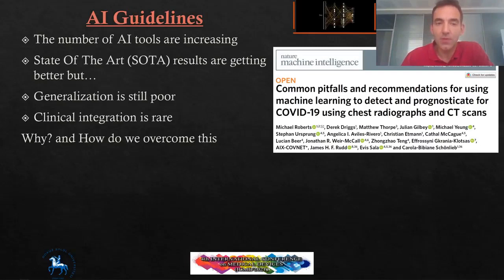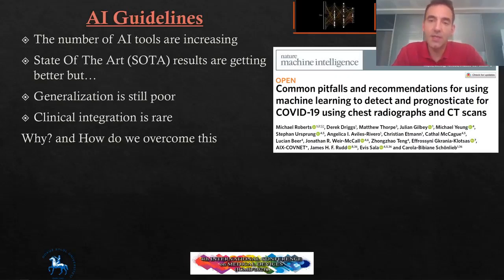So in this talk, I'm going to try to talk about the reasons why this is happening and how do we overcome these problems. Now, the discussions in this presentation will be based on a very recent article on COVID-19, and this article investigates the common pitfalls of machine learning methods to detect and prognosticate COVID-19.